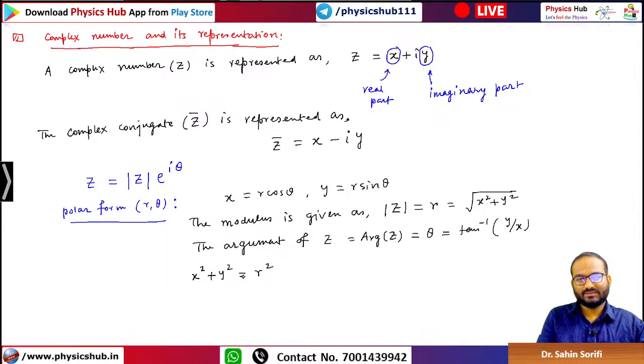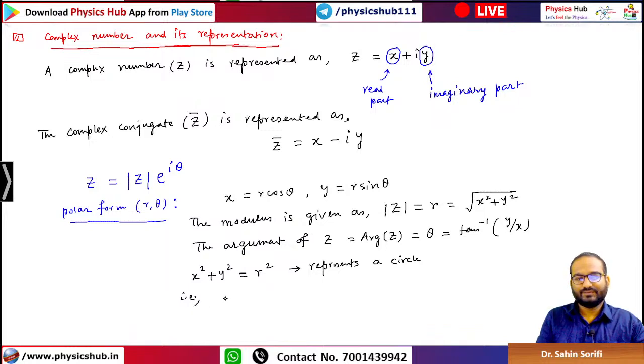What does this represent? x square plus y square equals r square. This represents a circle.